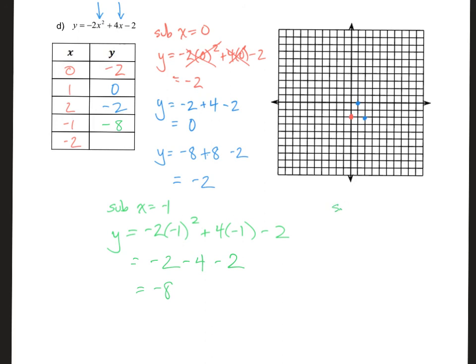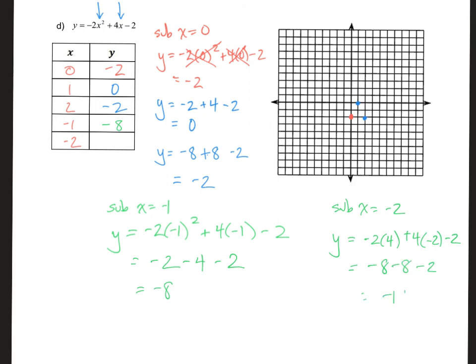Do the same substitution for an x value of negative 2. Maybe we get a little bit faster. Negative 2 squared is 4. And now you work your way through. You have a negative 2 times 4. You have a 4 times negative 2.